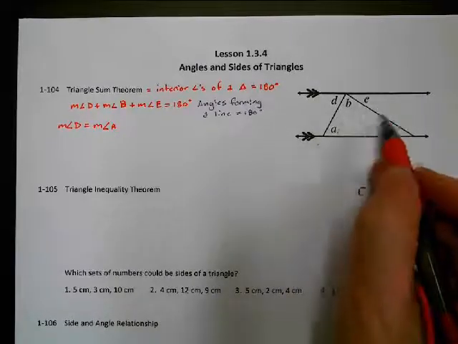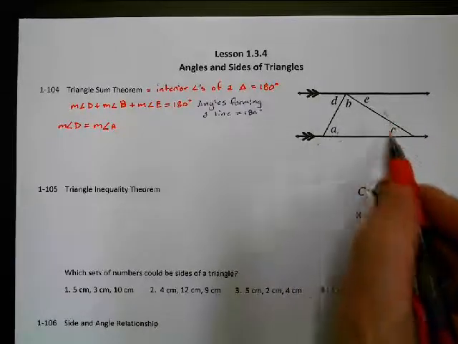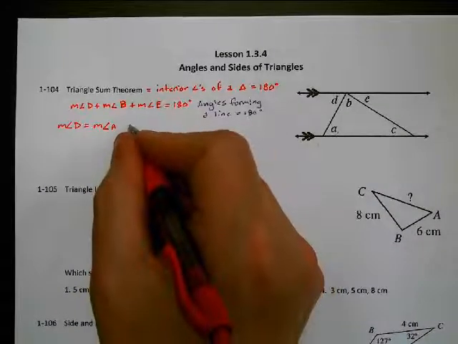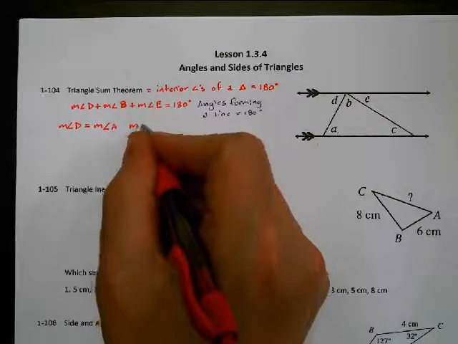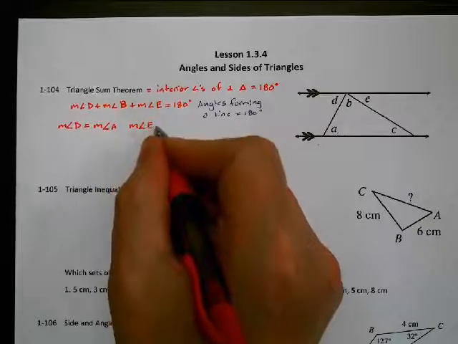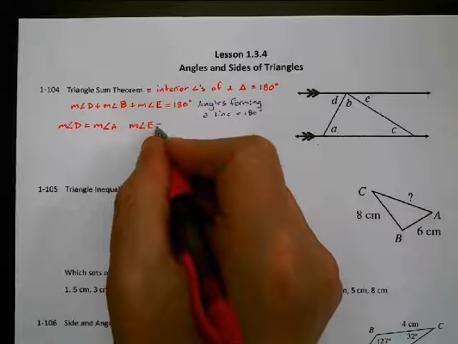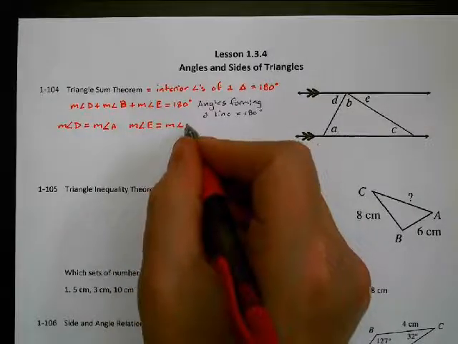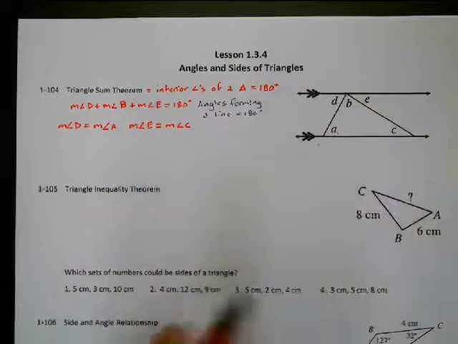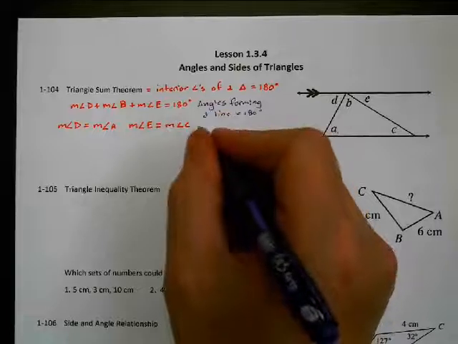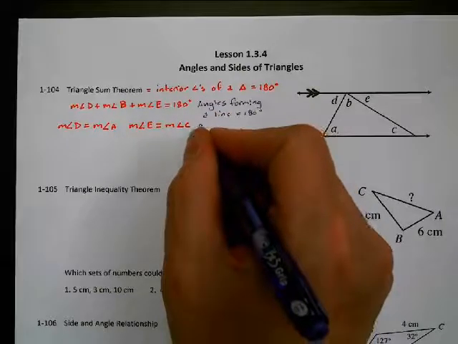We also have these two angles that are alternate interior angles, E and C. So we can also say that the measurement of angle E is equal to the measurement of angle C. The reasoning behind that is those were alternate interior angles, and alternate interior angles are congruent.